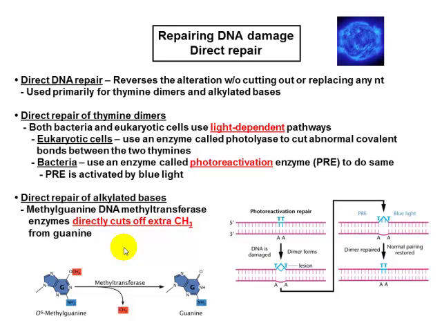There is an enzyme here that will recognize these double bonds and undo the double bond and restore the base. I mentioned cutting out, no, that's excision repair. If you do not cut out the bases and you just restore what is in there, that is direct repair. So we have the double bond, the enzyme recognizes it, undoes the double bonds, restores the bases, that's direct repair.